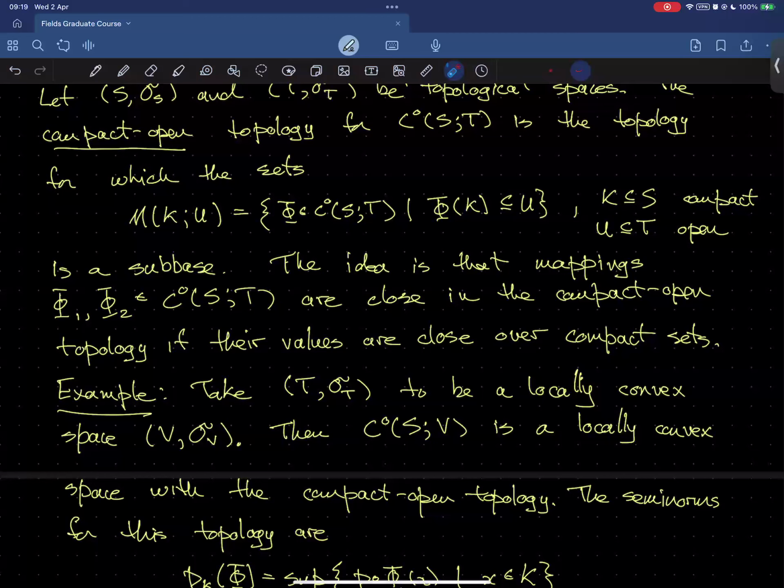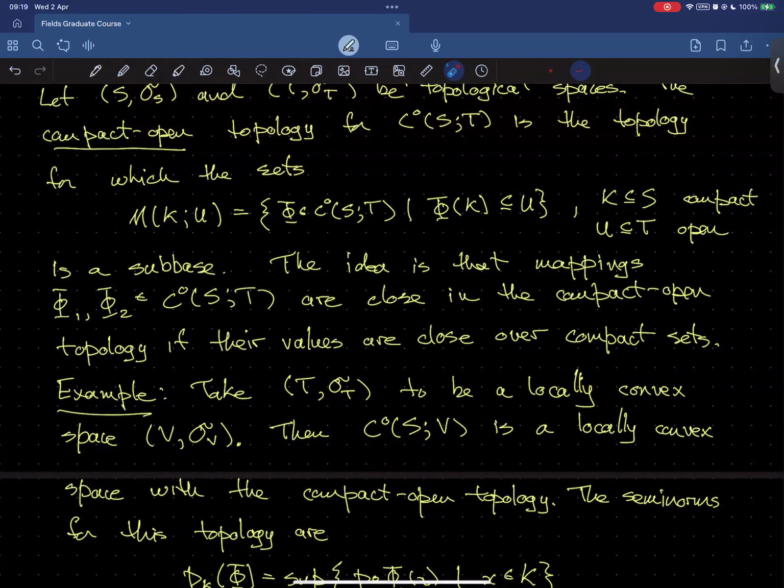So very often in topology, the things that naturally present themselves to you are not open sets, but either bases for open sets or subbases.